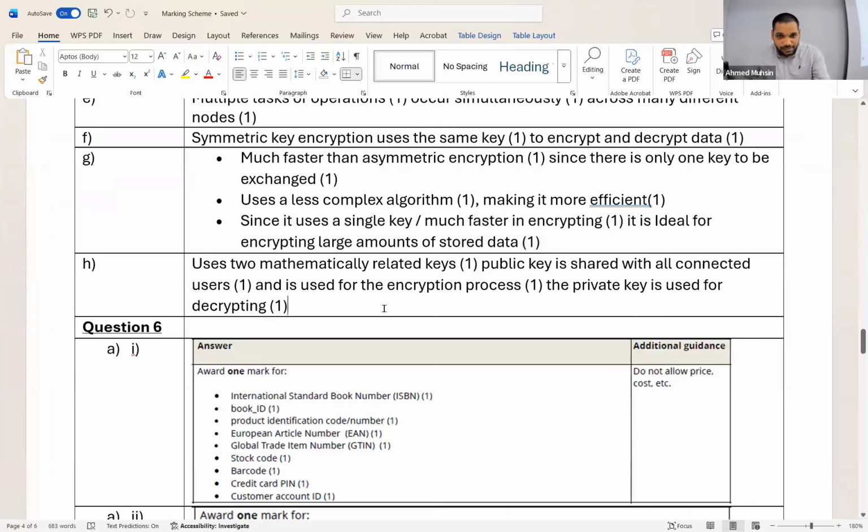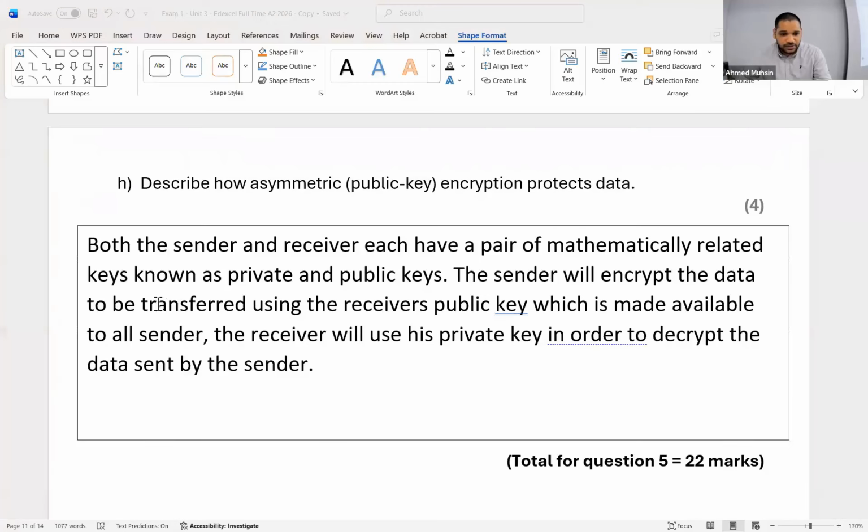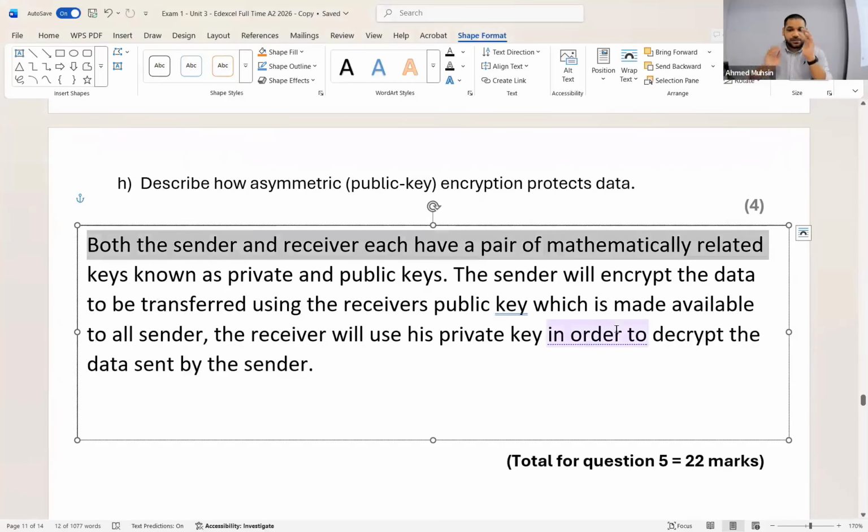Okay, I'm trying to stick to the marking scheme as much as possible. Both the sender and receiver each have a pair of mathematically related keys known as private and public.